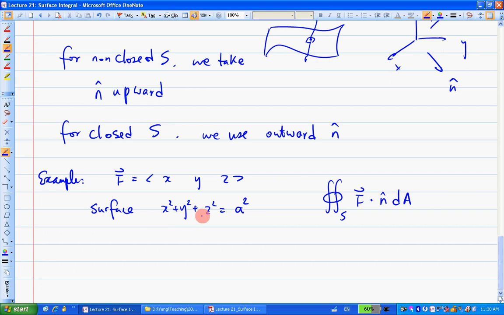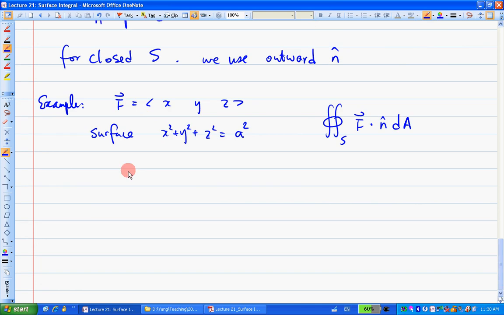Your surface is a sphere. What will be the n hat for the sphere if you calculate using the gradient?